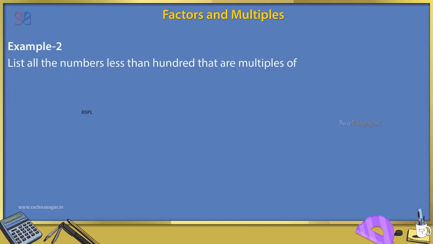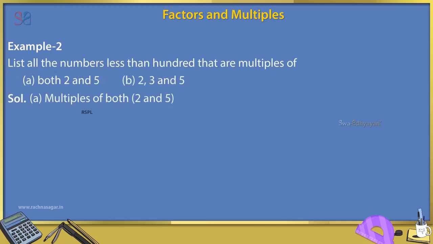Example 2. List all the numbers less than 100 that are multiples of A. Both 2 and 5. B. 2, 3 and 5. Solution. A. Multiples of both 2 and 5 are multiples of LCM(2, 5), which equals 10.